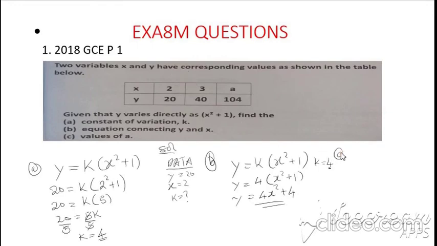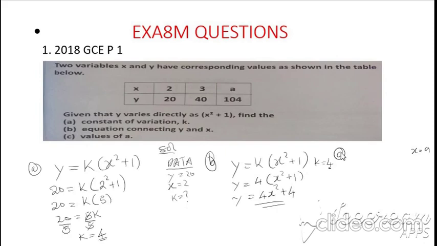Now let me do C, which is the last one. C is saying find the value of A. Now when you look, where have you seen A? A is where x is. So where there is A, that's where there is x.